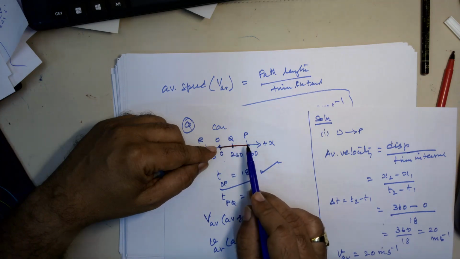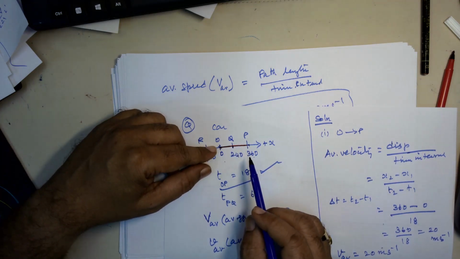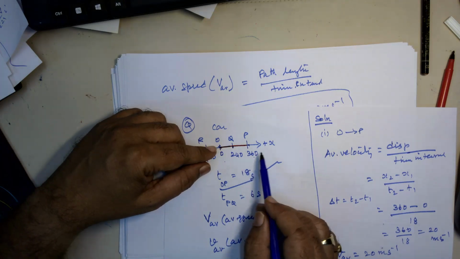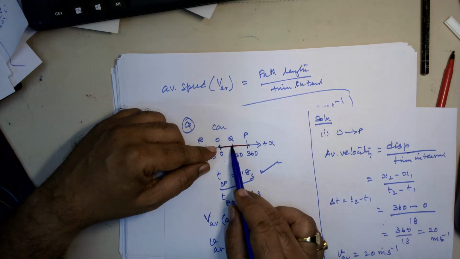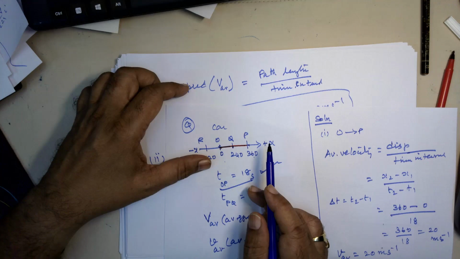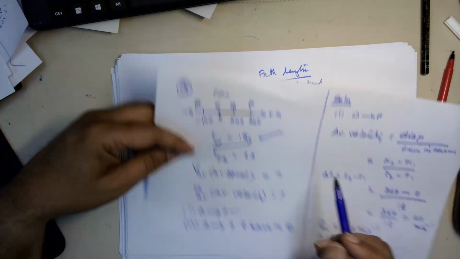So plus 120 minus 120, that's all. It's cancelled, because you are going forward and reversing from P to Q means you have to subtract 120, right? So 360 minus 120 is only 240. Do you understand this?